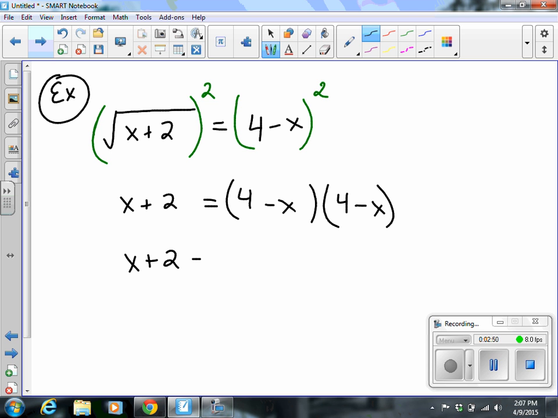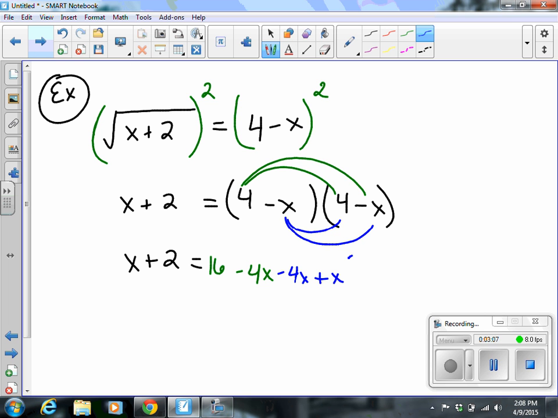So I have x plus 2 equals 16 minus 4x minus 4x again, and then plus x squared. A lot of people, again, will do 16 minus x squared and call it good. But you need to make sure that you're using that parenthesis twice and actually distributing that information out.